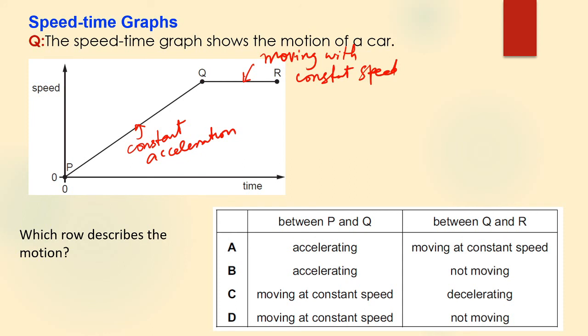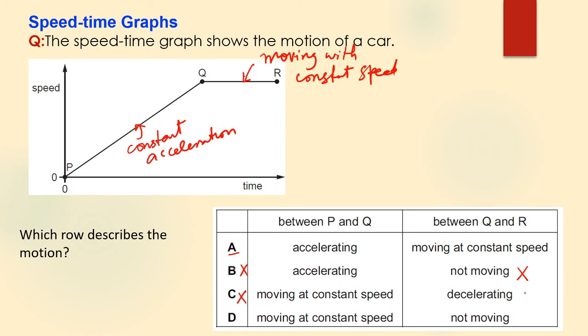A, accelerating, moving at constant speed. That is the most convincing answer here. B, accelerating, not moving. That's not possible because it's moving with constant speed. That's wrong. C, moving at a constant speed. No, it's moving with constant acceleration.